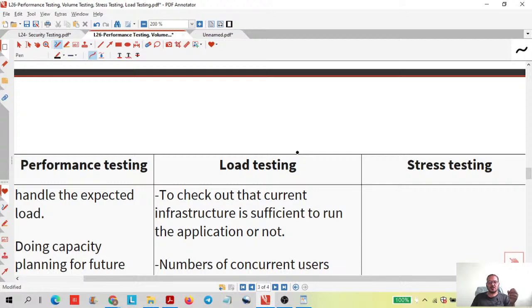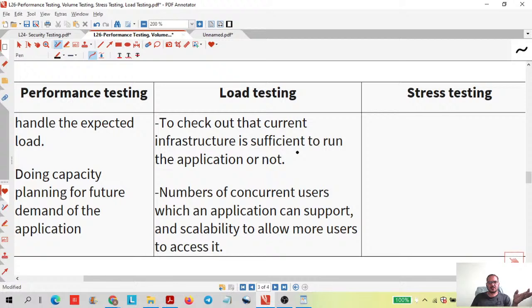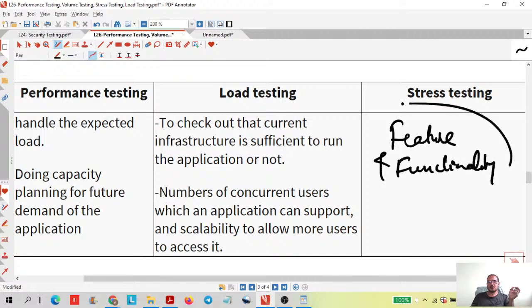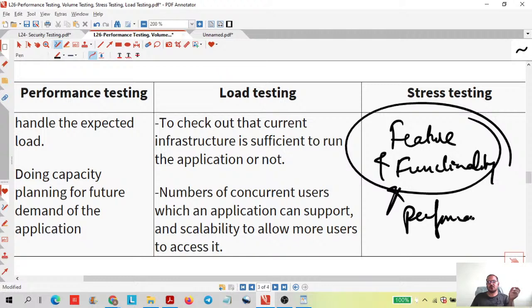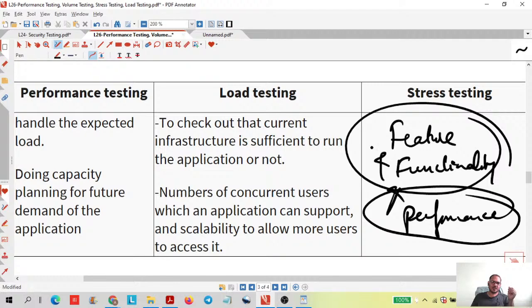If you are developing any product, you should mention these parameters. You are mainly focusing on the features and functionality of the application, but along with this you should focus on performance testing also. This is very important so that it works properly at the client side.